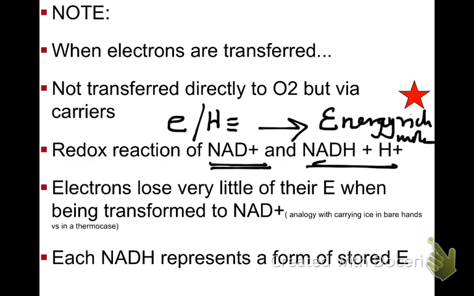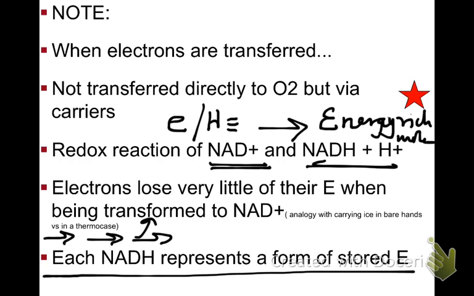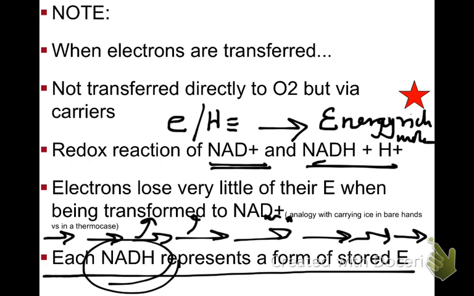Electrons lose very little of their energy when being transferred to NAD+. Each of these represents a stored form of energy. So during the series of reactions, the cell transfers it to NAD, again and again. Then I have a lot of this NADH, and I am promised that in the end I will get energy from it. It's like a check. It's very valuable, right?